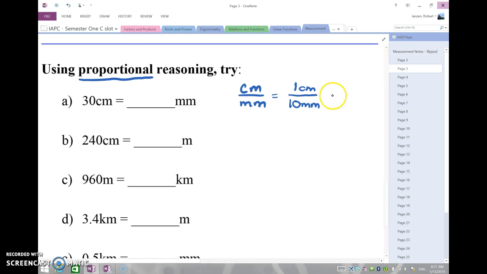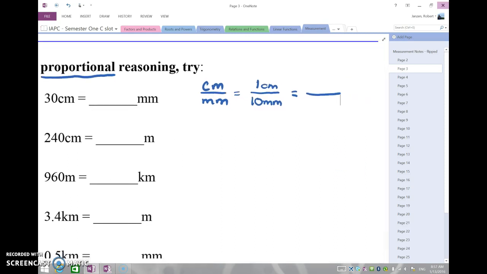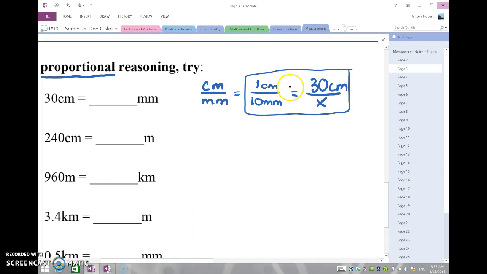And the question is, how many millimeters is 30 centimeters? So I'm going to set up this ratio. Where would 30 go? Well, I see that I have centimeters on the top, so I'm going to put 30 centimeters here, and I want to know how many millimeters that is. So I'm going to use this proportion. A proportion is just comparing 2 fractions. And we're going to solve this.